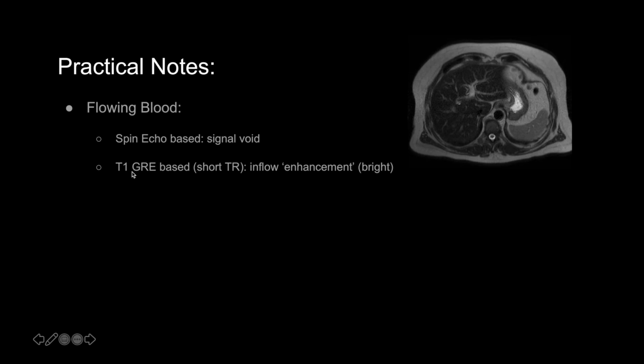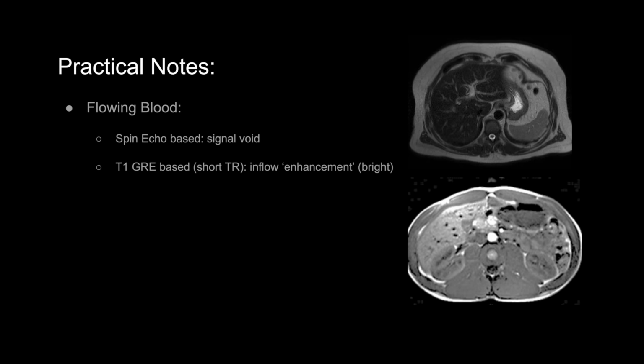For T1 gradient echo based sequences with short TRs, blood entering the slices is going to look bright. This is because blood entering the slices has all of the magnetization already in the z-axis, or in the longitudinal plane. And as we mentioned, that's essentially as if they had a very fast T1 relaxation like fat.